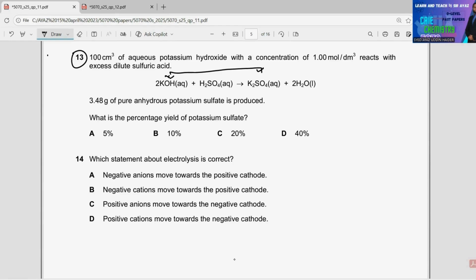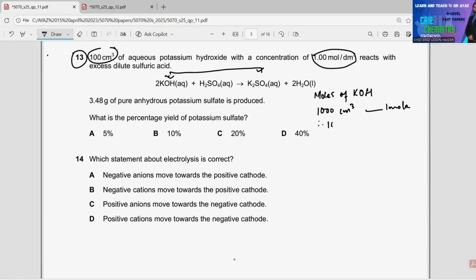We need moles of K2SO4. From the information given in the question, 100 centimeter cube aqueous potassium hydroxide with a concentration of 1 mole per dm cube is reacting. So we need to find the moles of potassium hydroxide. 1 mole per dm cube means 1000 centimeter cube contains 1 mole.